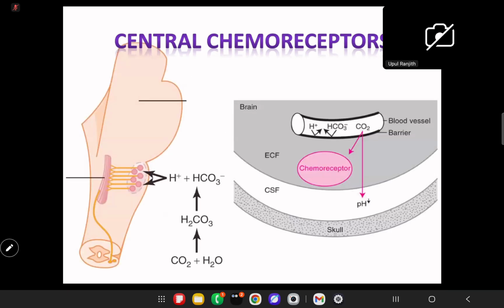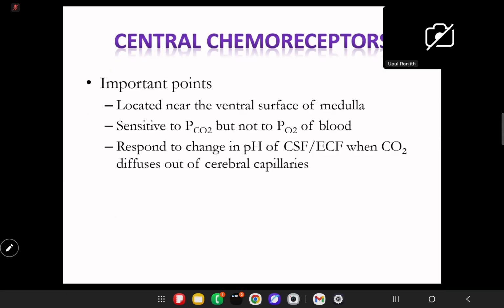There are central chemoreceptors and there are peripheral chemoreceptors. In the brain we have central chemoreceptors. These are the important points on central chemoreceptors: they are located near the ventral surface of the medulla, close to your important respiratory centers.